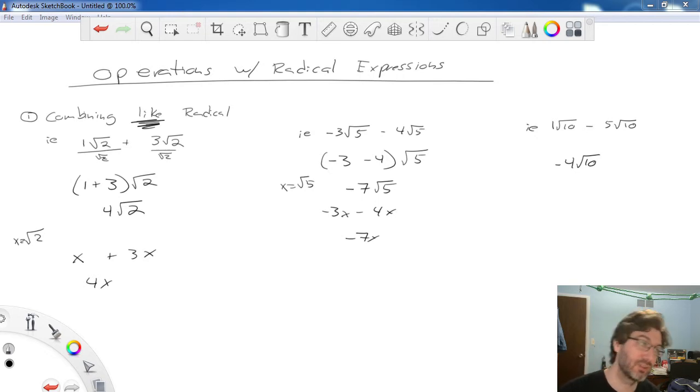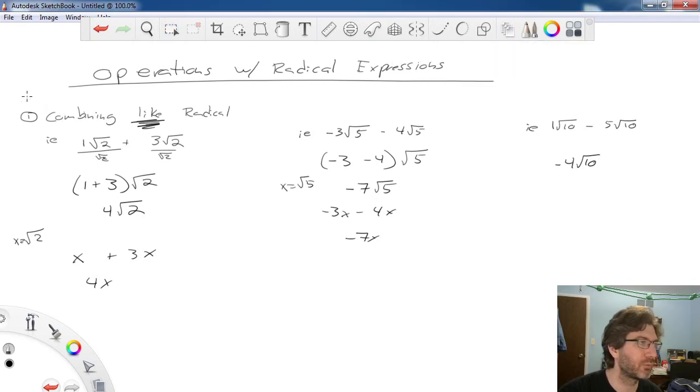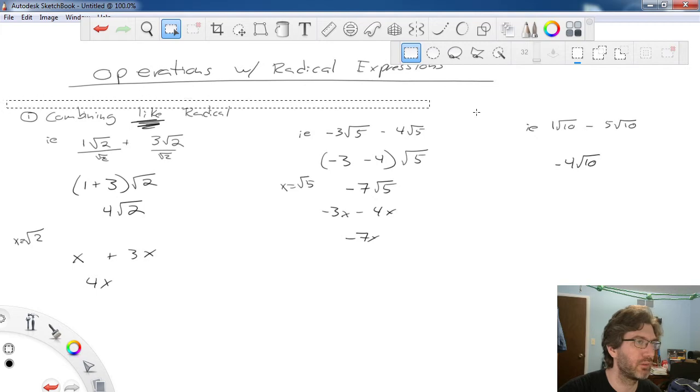Well, sometimes you can do it, sometimes you can't, but we're going to call that, the book calls it simplify to combine like terms. So part 2 of today. Let's get rid of all this.